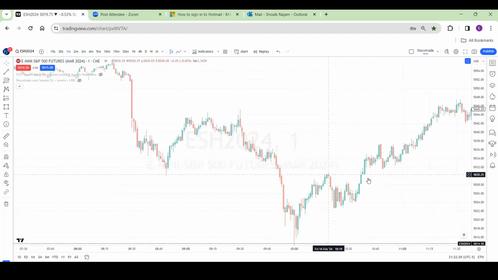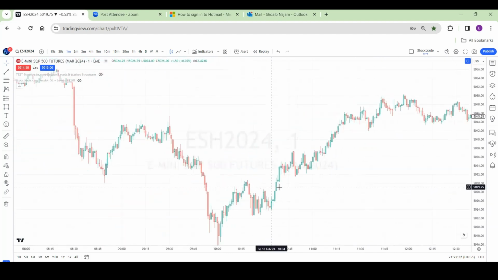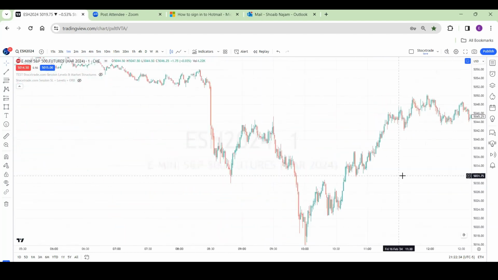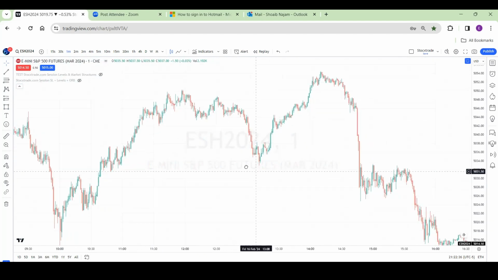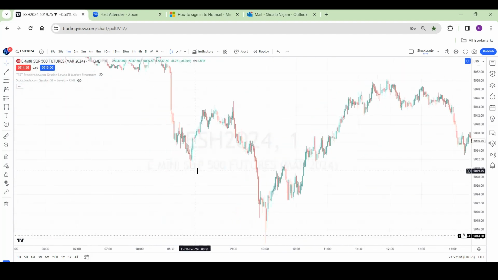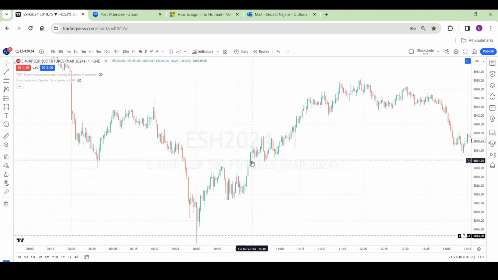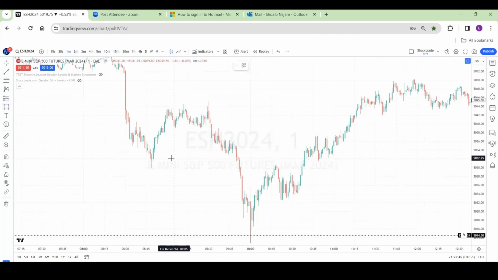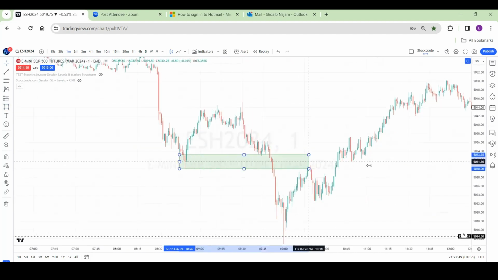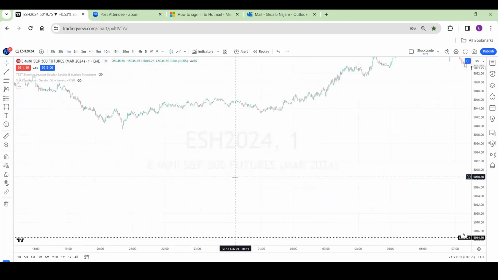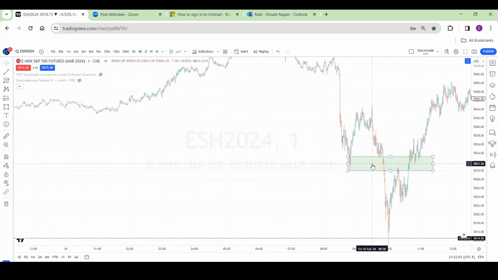I forgot the date. In the middle, near the red candle, above the red candle. Right, we learned that this is the extended breaker block and it will work. Okay, but I think not this one.